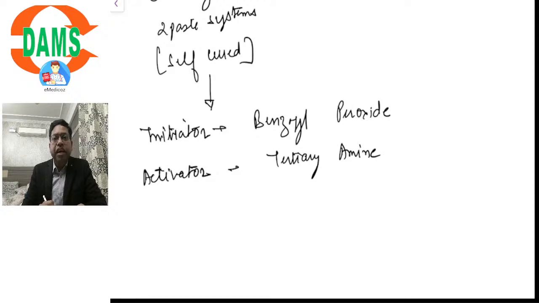So these are two different chemicals present. There is a two paste system. One paste would have an activator, another paste would have an initiator. So when we mix them together, the polymerization starts by way of these two chemicals, respectively, as initiator and activator.